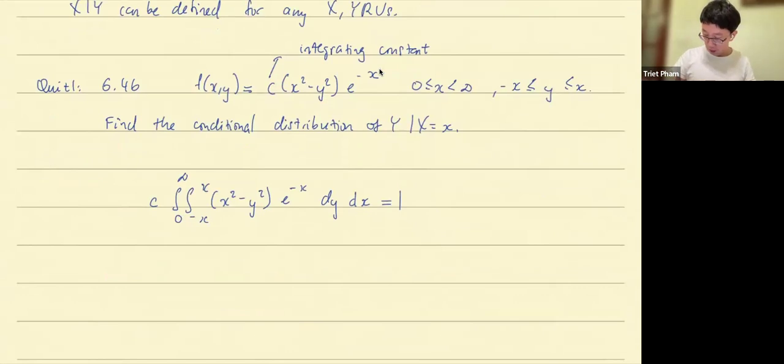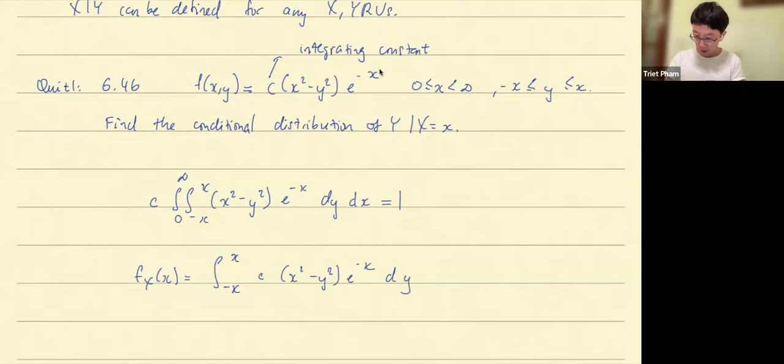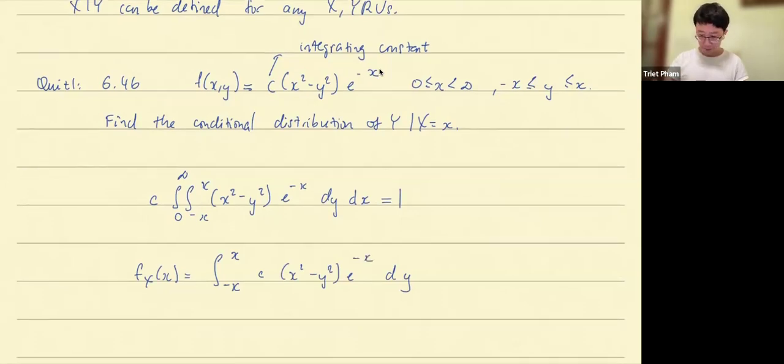So here you have to find the marginal of x. So you have to integrate out y. And what do we get out of this? You get C. The first term gives you 2x cubed.